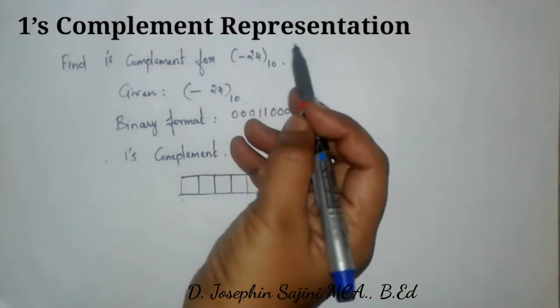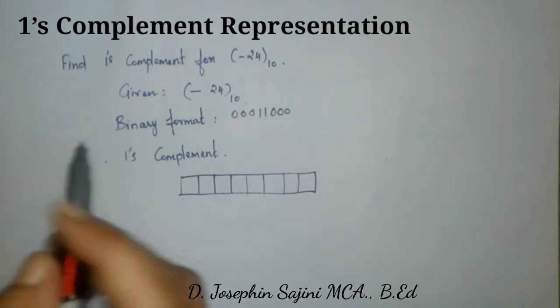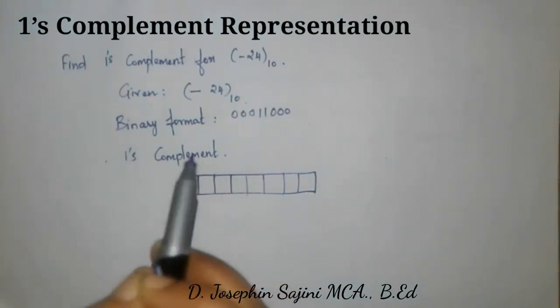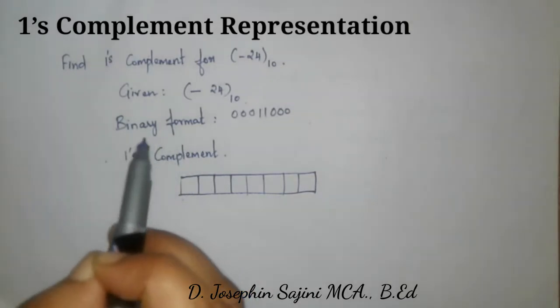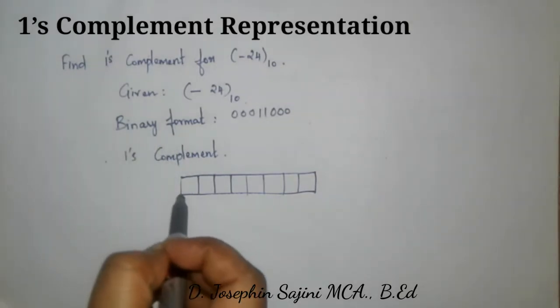First is the 1's complement representation. This is an easier approach to represent signed numbers. This is for negative numbers only, that is, a number whose most significant bit is 1.